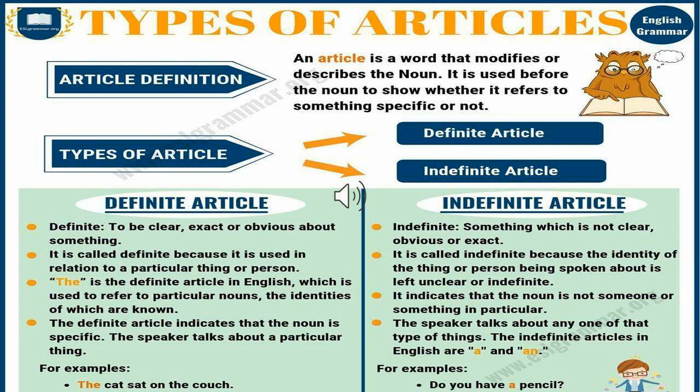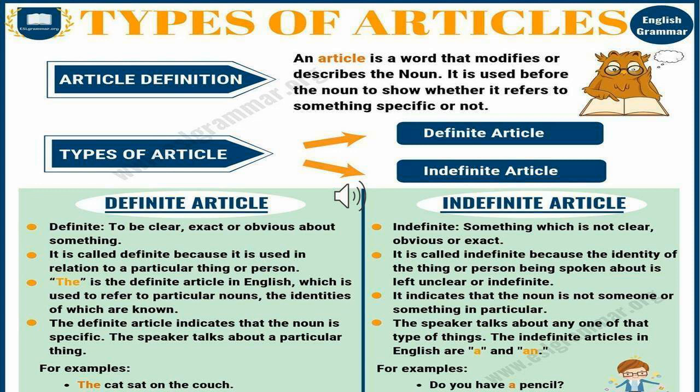Types of article: definite and indefinite article. Definite article: the. Indefinite articles: a and an. The definite article is called definite because it is used in relation to a particular thing or a person.